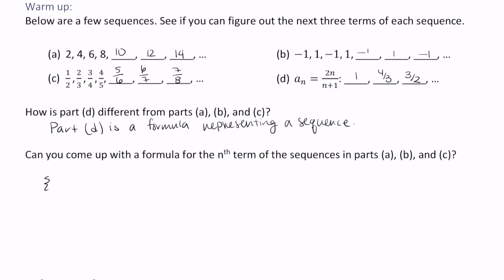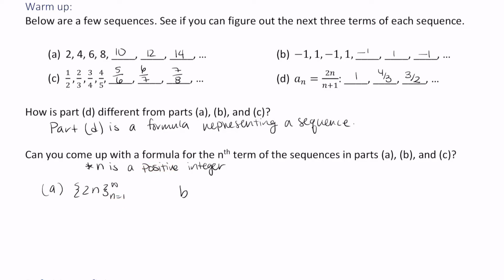So our formula for A is 2n, and n starts at 1 and goes to infinity. And for all these cases, I should add n is a positive integer, though I could have just said n is an integer since I'm always going to start with 1 here. So I'm being a little bit redundant, but that's okay.